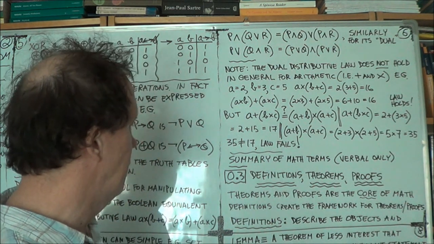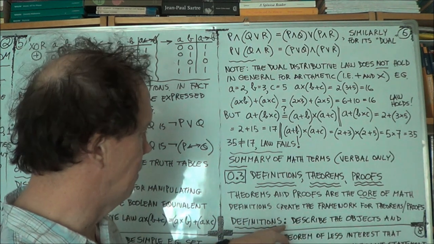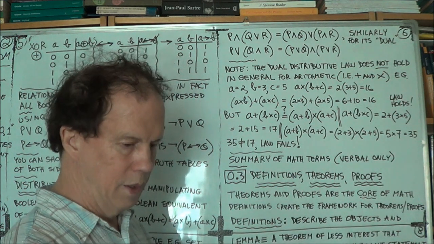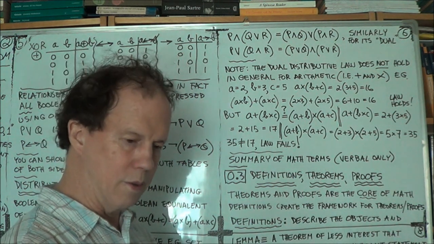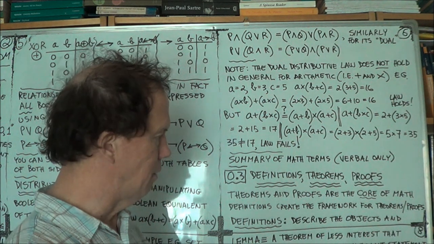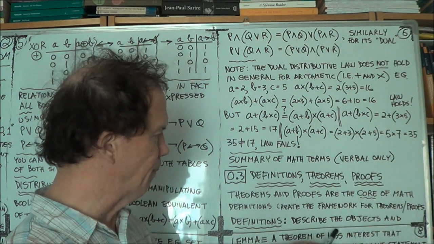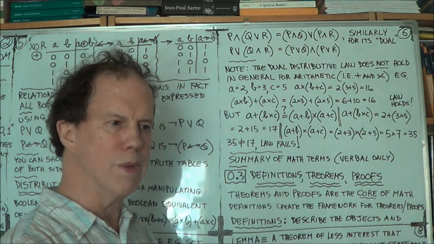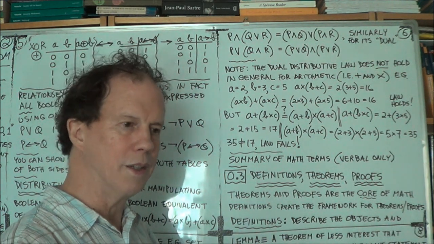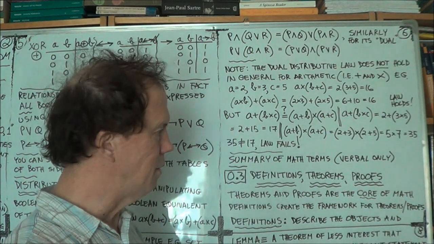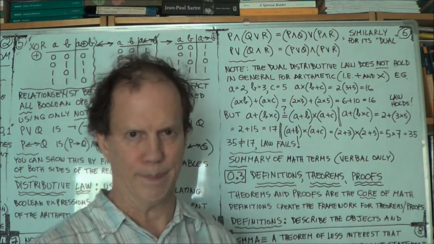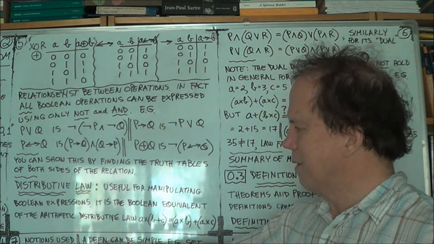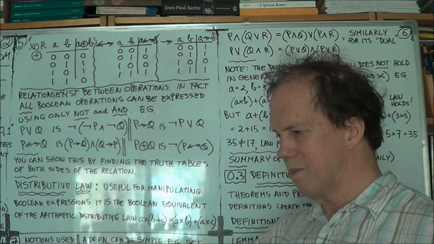Okay, so definitions describe what it is that you're talking about in mathematics. It's rather vague. The so-called objects, the mathematical things that you're manipulating and making deductions about, it's hard to pin this down. So various ideas and concepts, notions, as Sipser calls them.